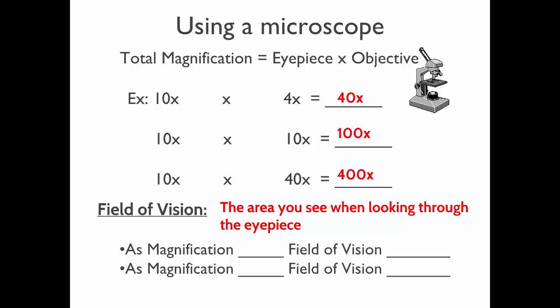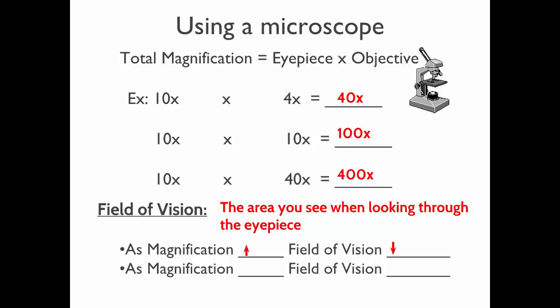As we increase our magnification, as we zoom in, what happens to our field of view? Avery? It gets smaller, it decreases.